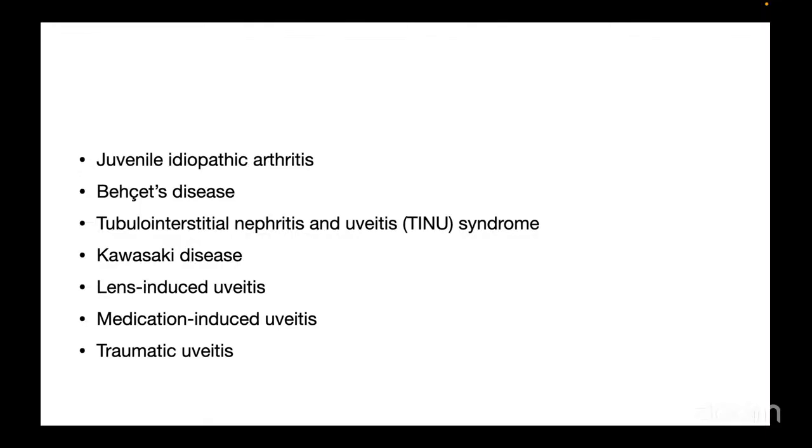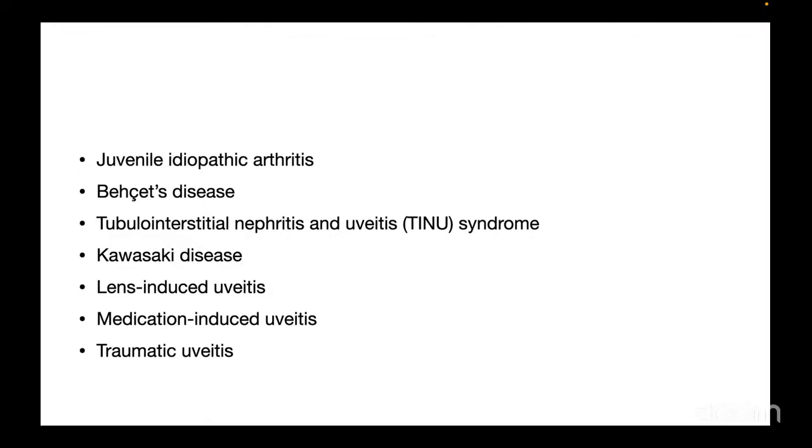Tell me about lens-induced uveitis. What are the signs and symptoms you see in the lens? It can be phacoanaphylactic or phacogenic or phacolytic glaucoma. So it presents with pain, circumciliary congestion, and corneal edema, and the patient has cataractous changes, cataractous lens.